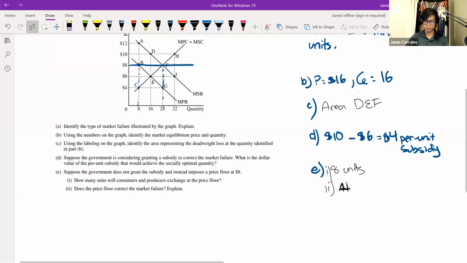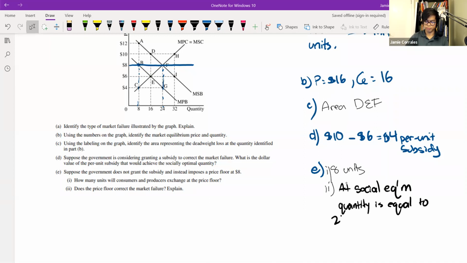At the social equilibrium, quantity is equal to 24.